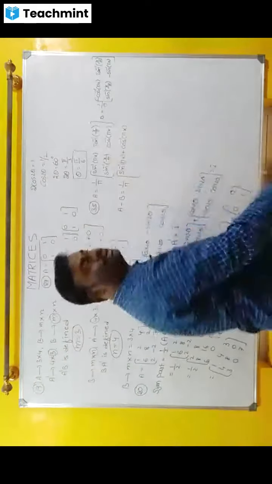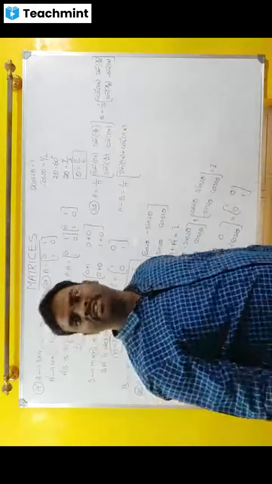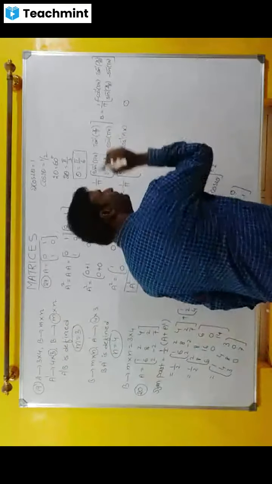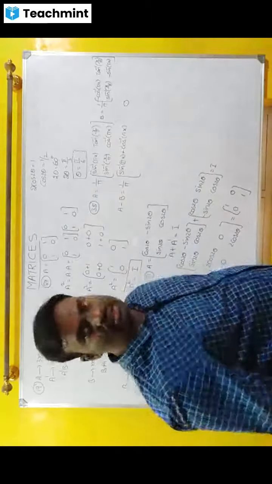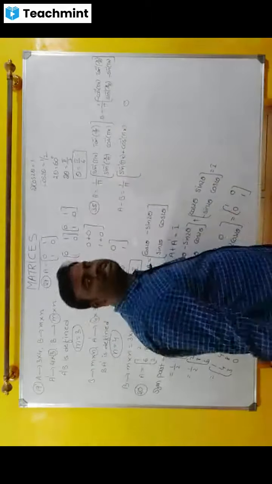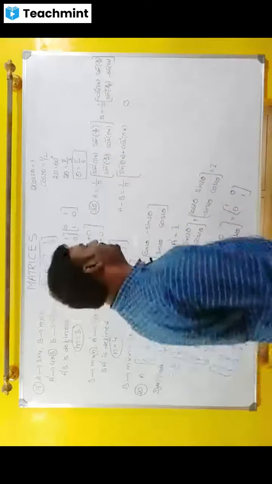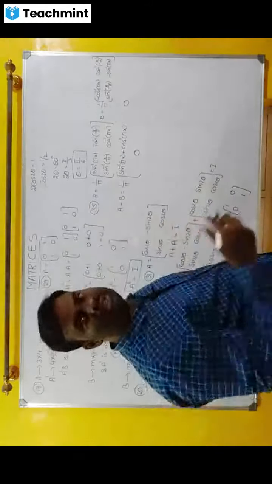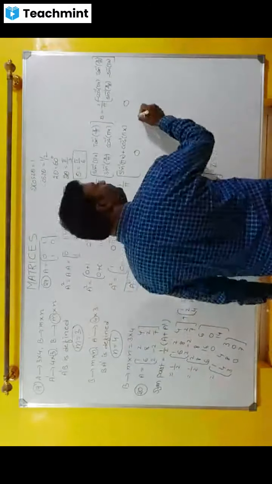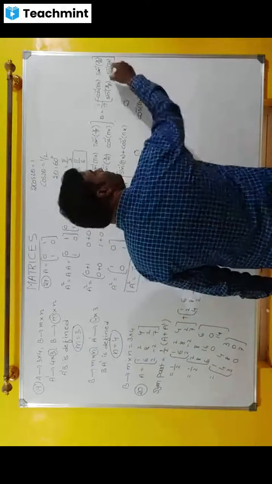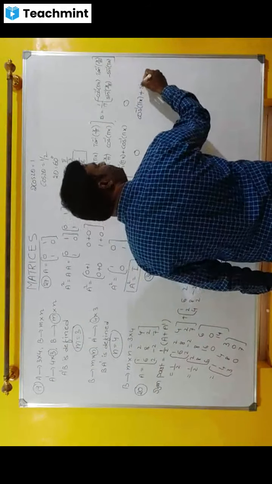Tan inverse x by pi. There also tan inverse x by pi. Both get cancelled, then 0 will be there. What is the third term? Sin inverse x by pi. Here also sin inverse x by pi. Both get cancelled, then its value will be 0. Then what is the fourth term? Cos inverse pi x, minus of this minus, plus sin inverse pi x.